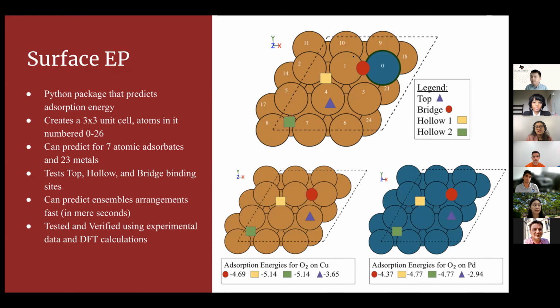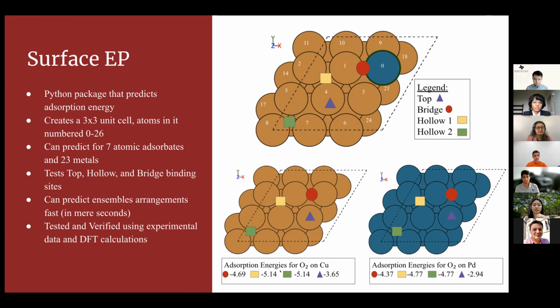And it can test them at 3 different sites. It's top, bridge, and hollow, but we noted that there's actually 2 types of hollow sites. There's one where there's an atom behind it and a second where there isn't. This particular program didn't distinguish between those 2 in absorption energies. And you can see that down here at the bottom.